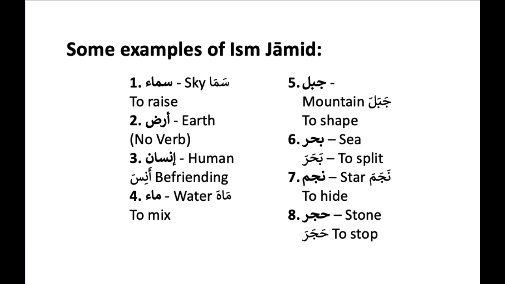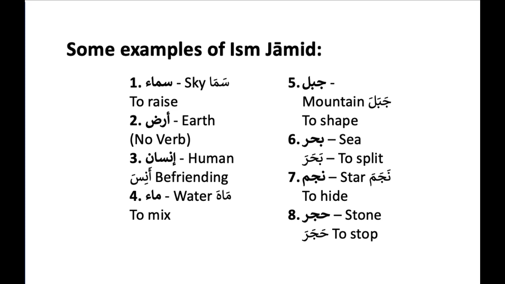Ardun, earth. There is no root verb of ardun at all which matches anything close to ardun. Insanun, human. Nearest root verb is anisa. Anisa means befriending. No relationship with the meaning of insanu, and insanu is not derived from anisa. Ma'a, water. The nearest matching root verb is maha.